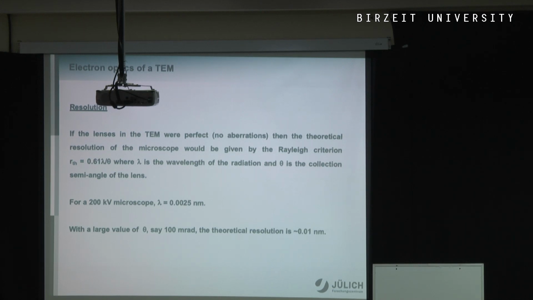In practice, the resolution of electron microscopes is nowhere near this value. It's normally about 100 times the electron wavelength, and this is because of aberrations of the electron microscope lenses, and that's something I'll come to.